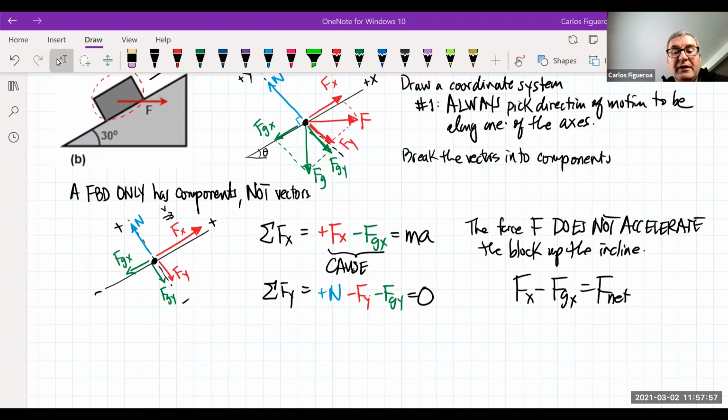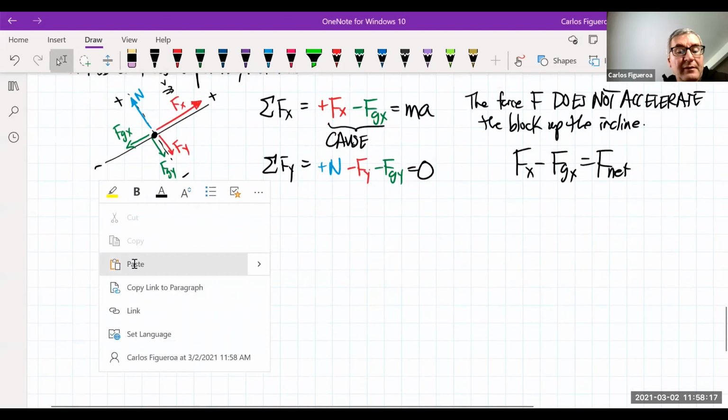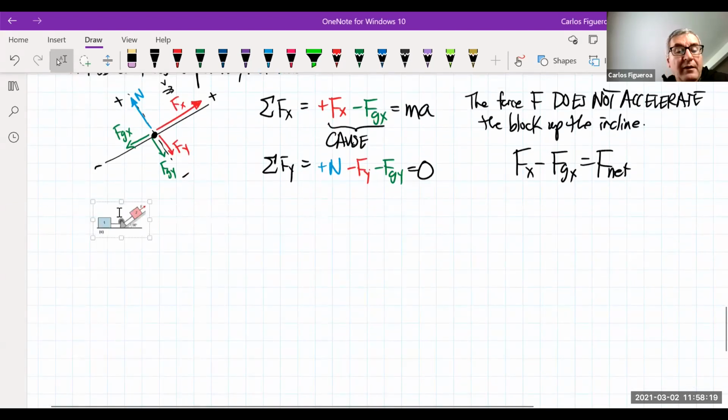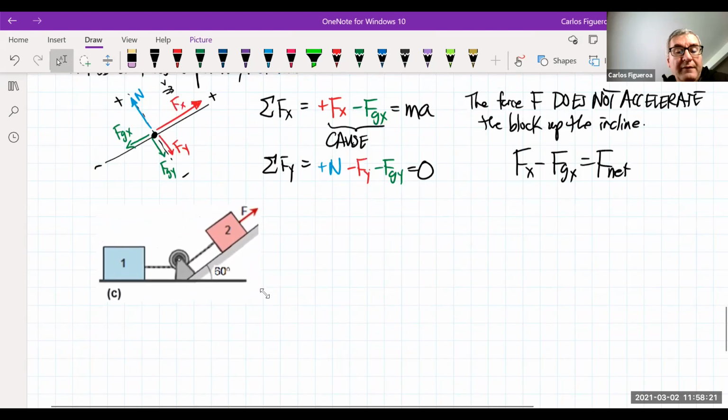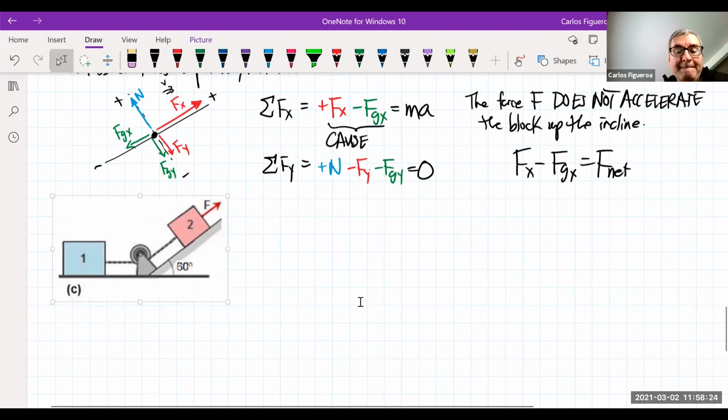Okay, I have one more example, and then let's move forward. So the last example looks something like this. And this is our last example right here.